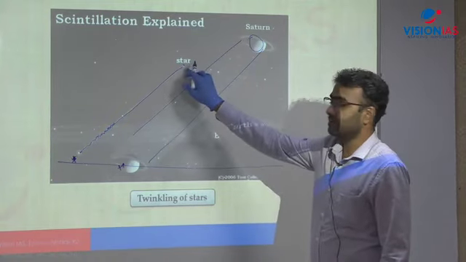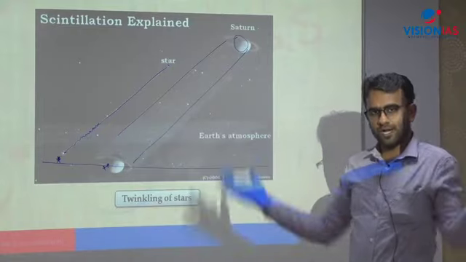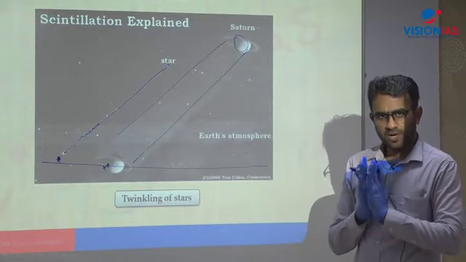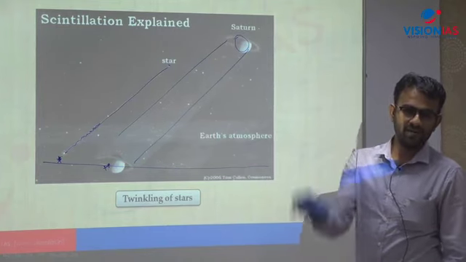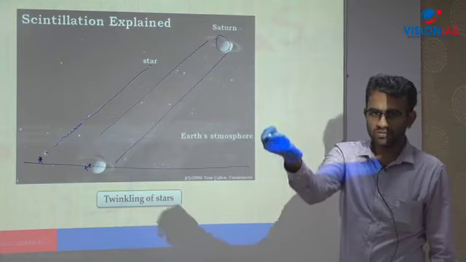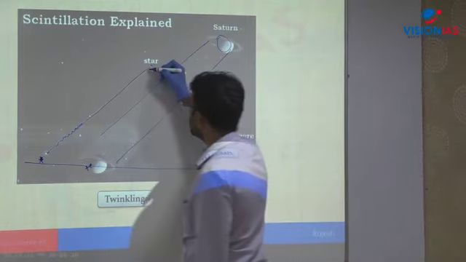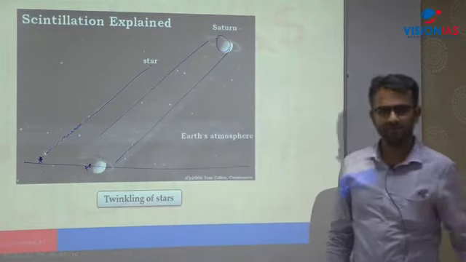The light which is coming from a star, even though it is a huge body, for us it is just a single point. It is just a dot. The light that comes from there comes as if it is just a single ray of light, a very very narrow beam.